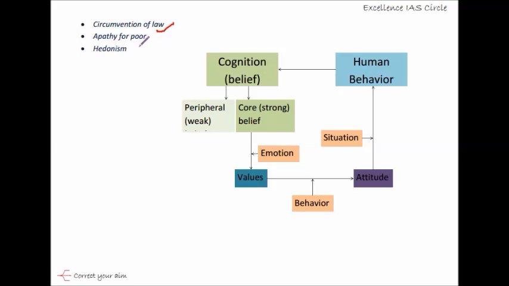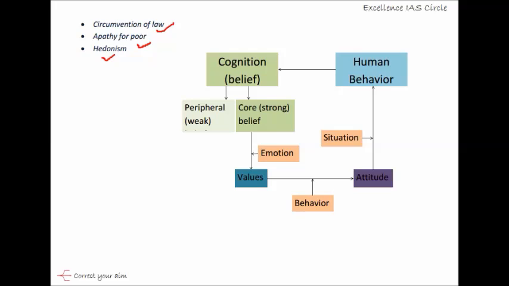Similarly, the attitude could be a completely apathetic attitude for the poor, the absence of values of empathy and compassion. Your attitude could be a hedonistic attitude. Hedonism means a pleasure-seeking tendency. Pleasure you can draw out of physical pleasure or material pleasure.